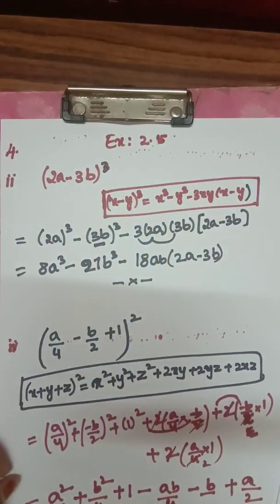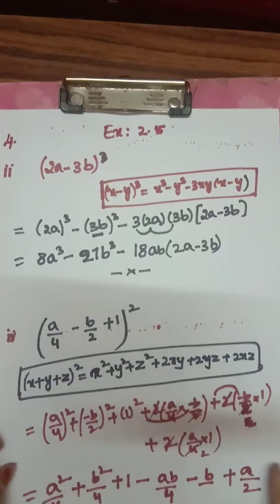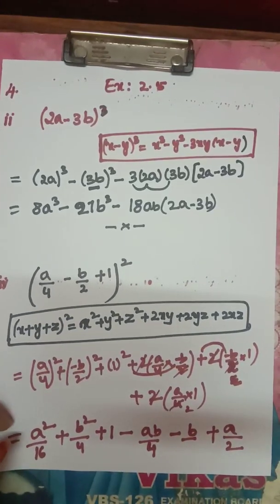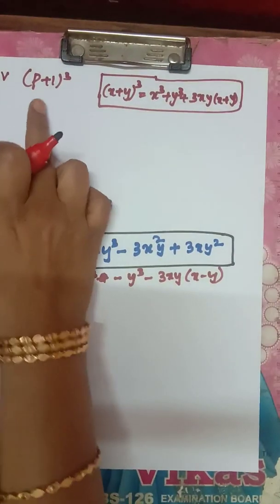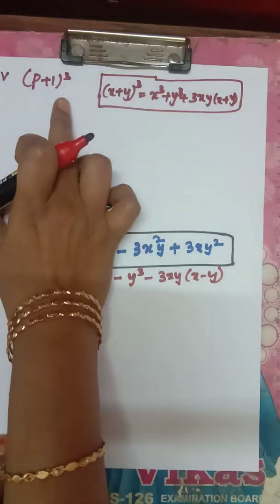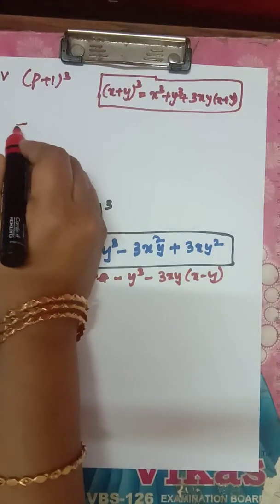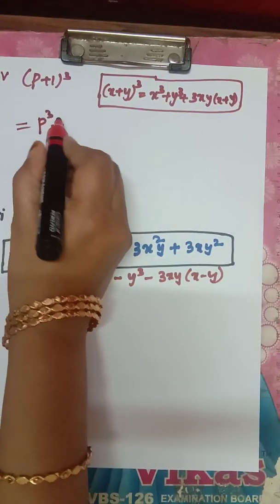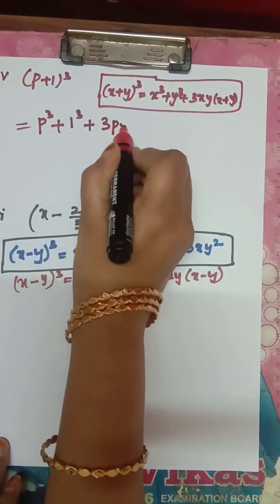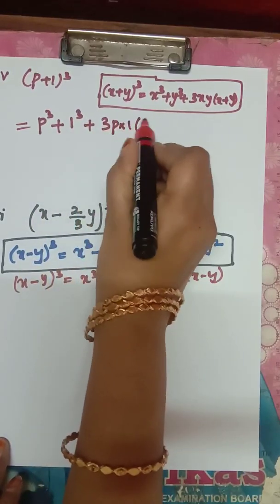Now let's move to the next one. (p + 1) whole cube. In the place of x I am going to substitute p, in the place of y I am going to substitute 1. That is p cube plus 1 cube plus 3 into p into 1 into (p + 1).